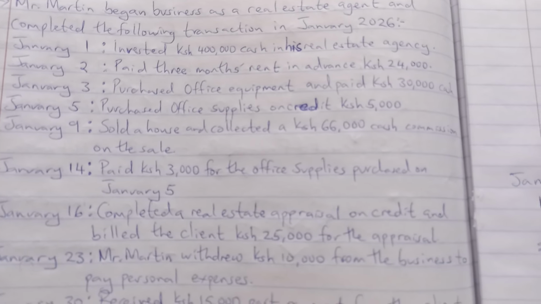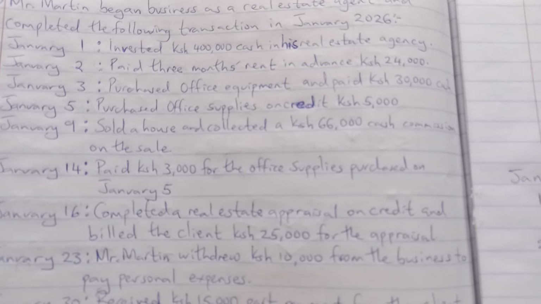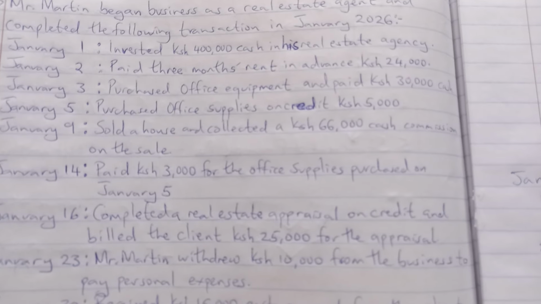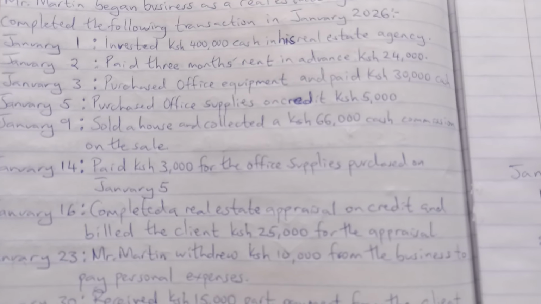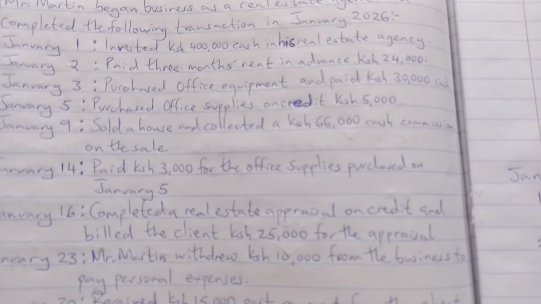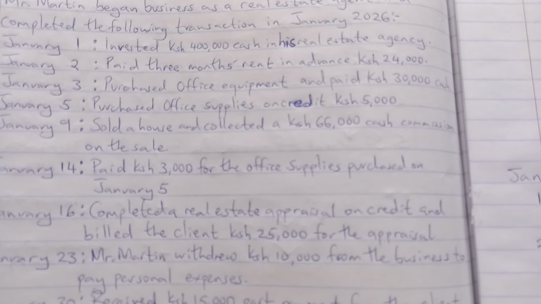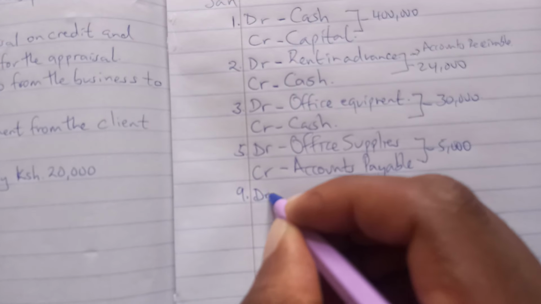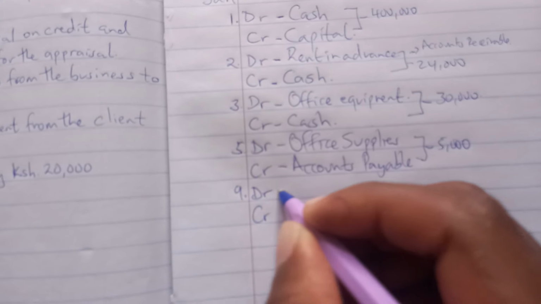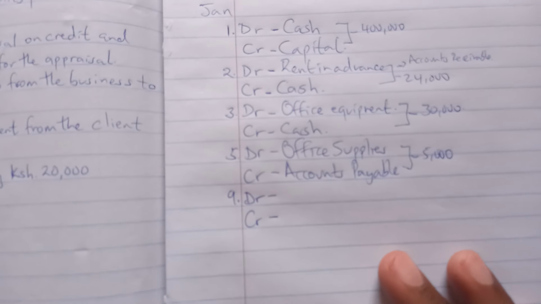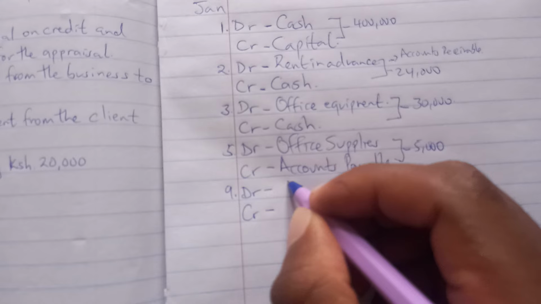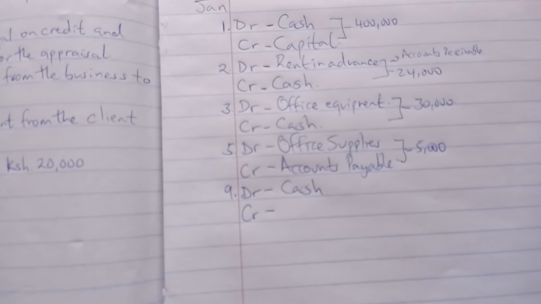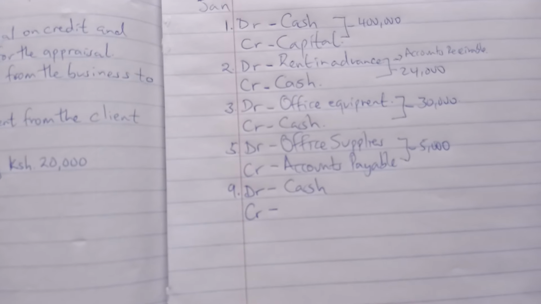So here we recognize that in this transaction there's an increase in cash because we are paid. All right, we are paid 66,000 in cash. So already we know that cash is an asset, and the moment cash increases, we debit. Okay, now what do we credit?